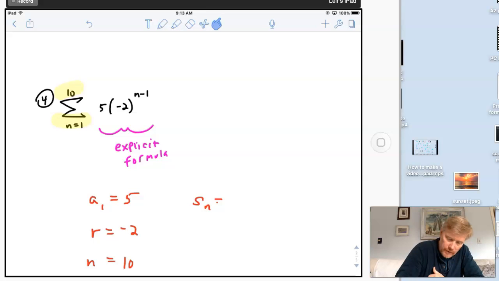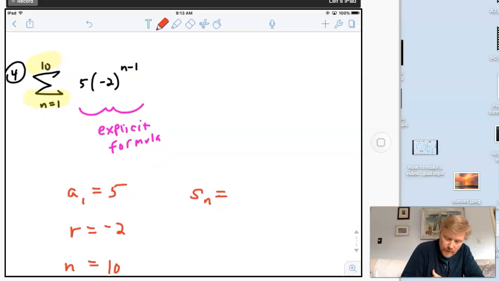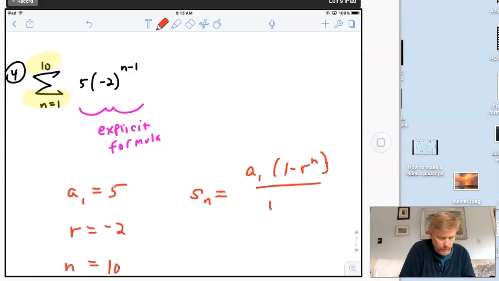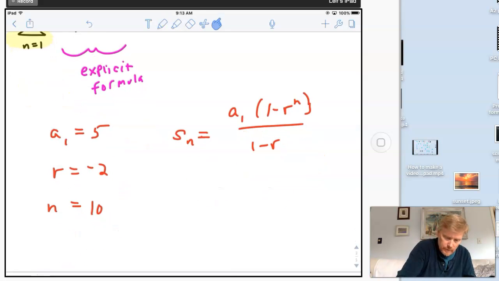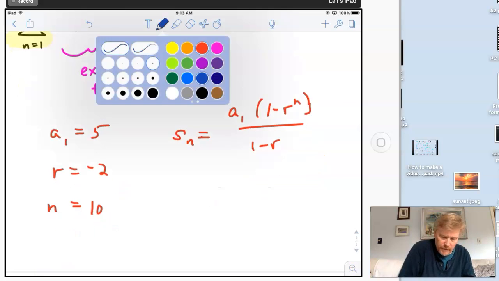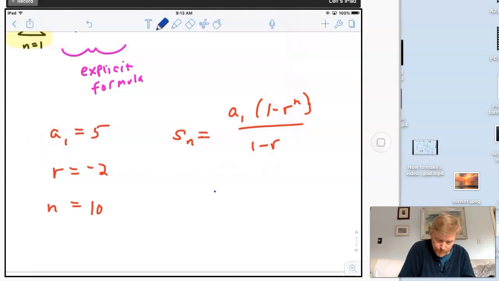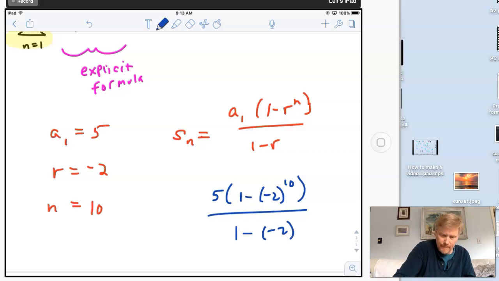However, in this case, we're looking for the whole sum for all 10 numbers. So I'm going to use that same S of n formula, okay, which is a1 times 1 minus r to the n over 1 minus r. So if I plug in the 5, negative 2, and the 10, I get that.